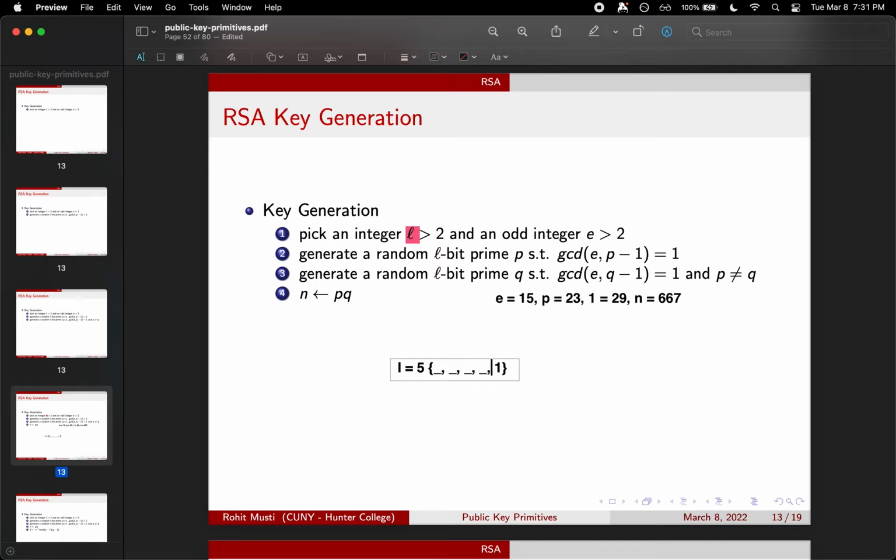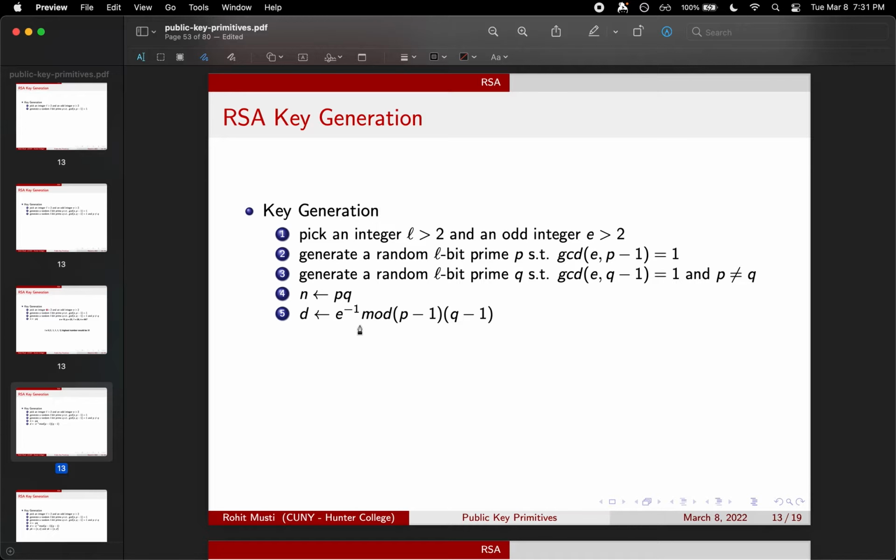So the biggest number you could have would be 1, 1, 1, 1, 1. What is that? That's 1 plus 2, so 3, plus 4 is 7, plus 8 is 15, and then 15 plus 16 is 31. So the highest number would be 31. But in practice, Ls are typically like 120 to 256.